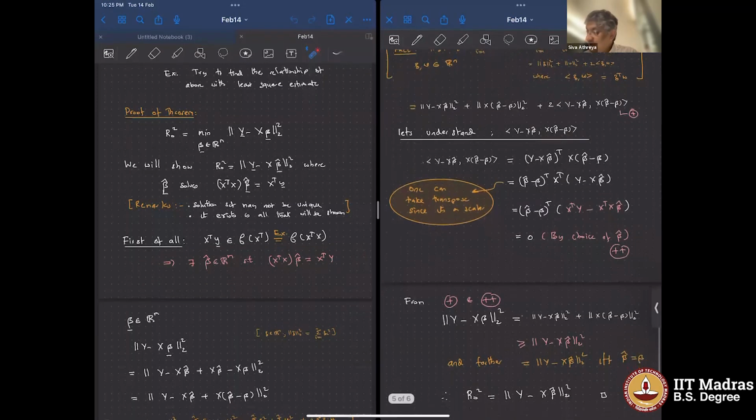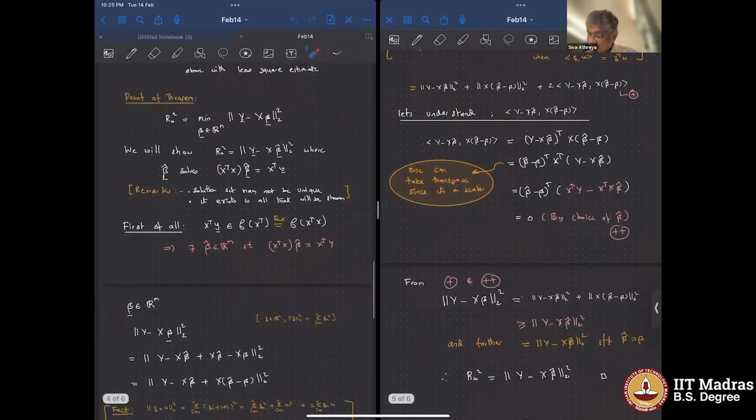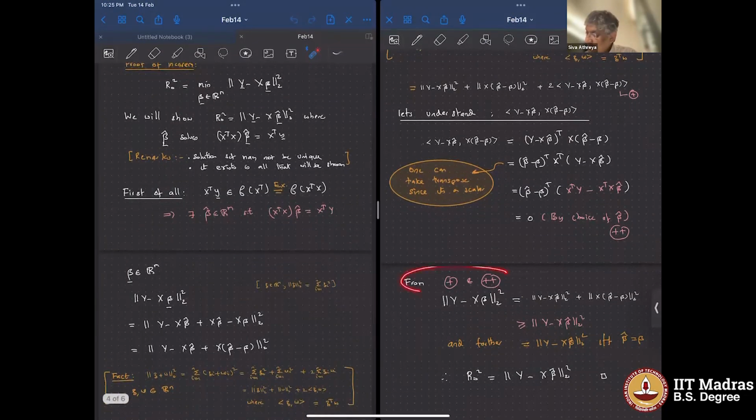So now you're almost there, because from plus and plus plus, that is from this equation and this equation, you know that the L2 norm squared for any beta in Rm is equal to the least square estimate plus this extra factor here. This extra term is always non-negative.